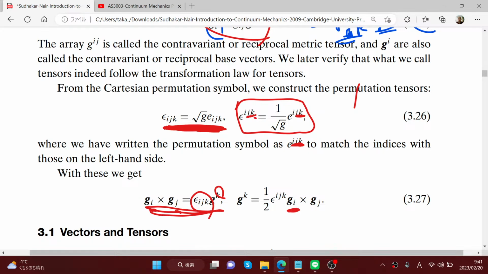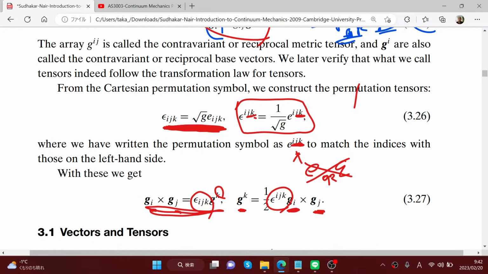Downstairs indices multiplied by downstairs indices, which is equal to upstairs indices. So where we need upstairs indices for epsilon ijk, I think he is talking here about upstairs indices. He is not talking about e or epsilon, but he's talking about upstairs indices.